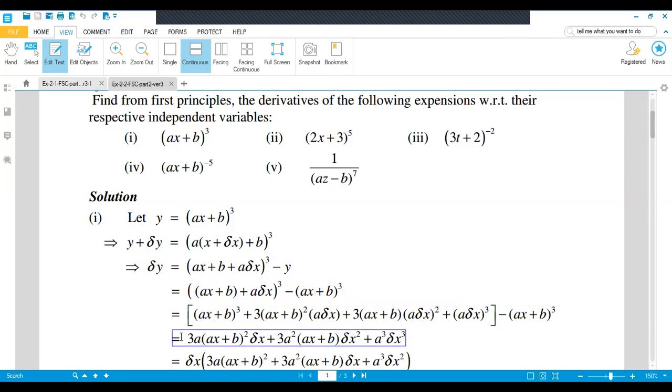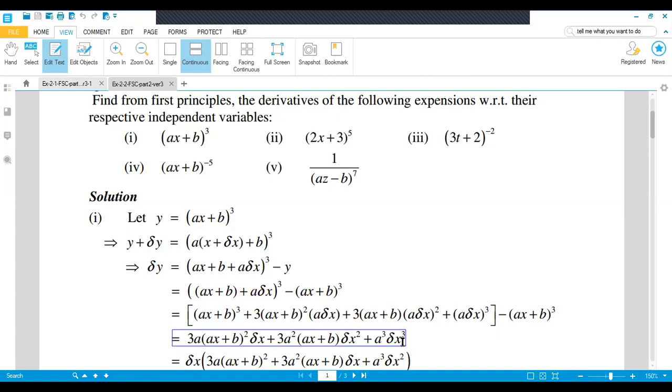Now, when you open the bracket, (ax plus b) whole cube and minus (ax plus b) whole cube cancel with each other. So we get plus 3a into (ax plus b) whole square delta x plus 3a square into (ax plus b) delta x square plus a cube delta x cube.